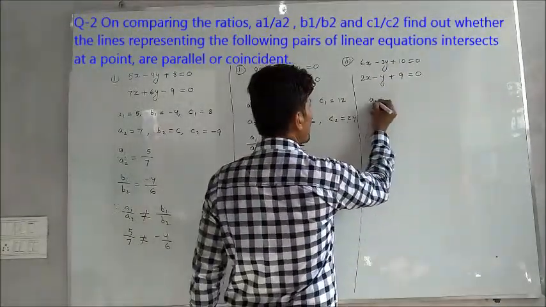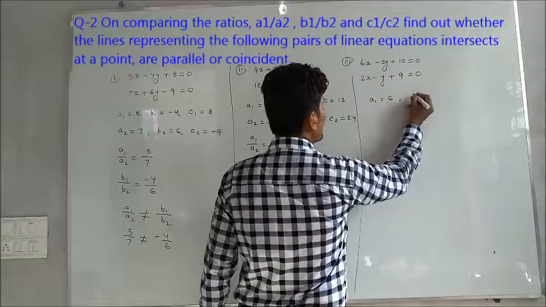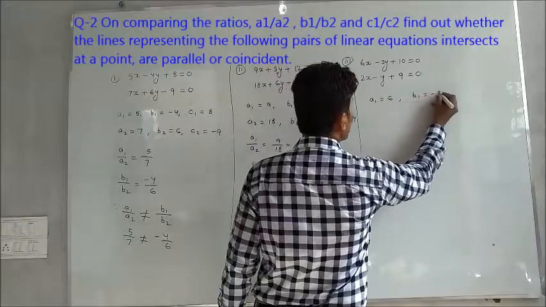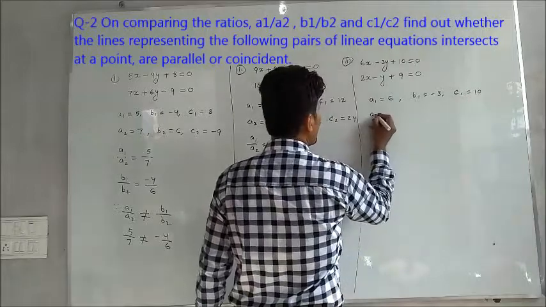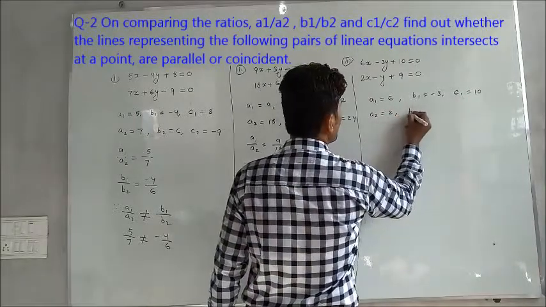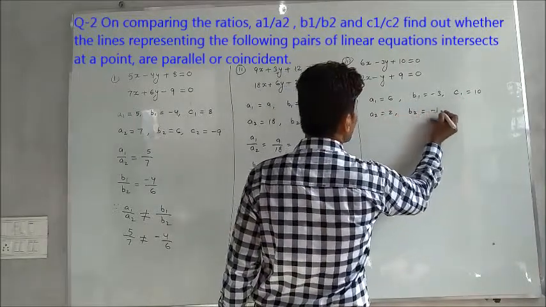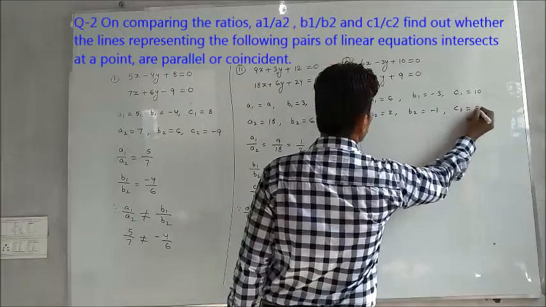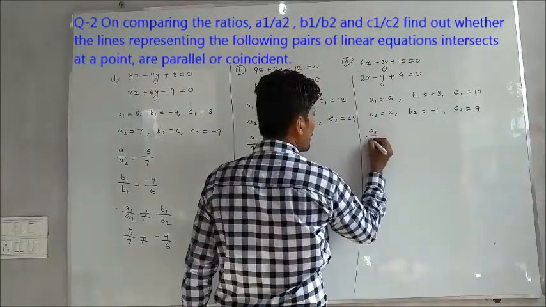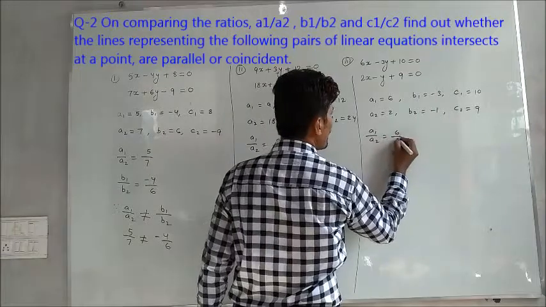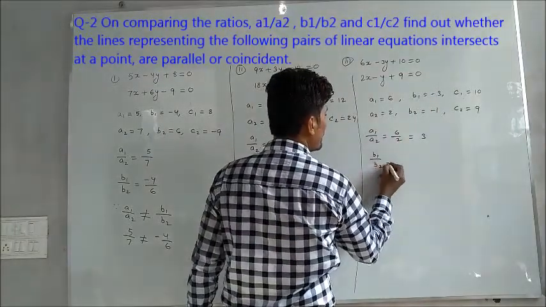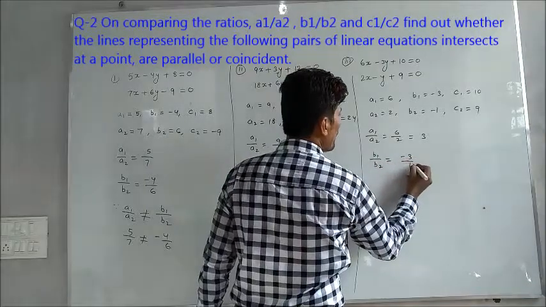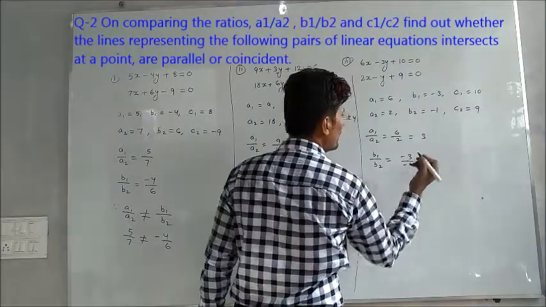Here also we have to find out the value of a1, that equals 6, b1 equals minus 3, c1 equals 10, a2 equals 2, b2 equals minus 1, while c2 equals 9. Now we are going to find out a1 upon a2. That will be equal to 6 upon 2, or we can say 3. b1 upon b2, minus 3 upon minus 1, will be equal to 3.